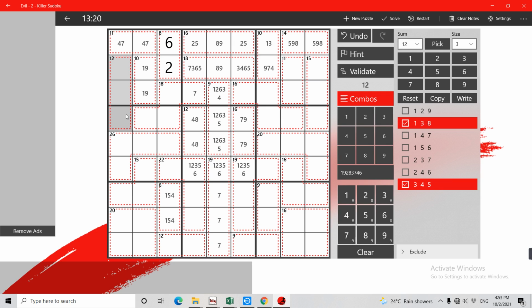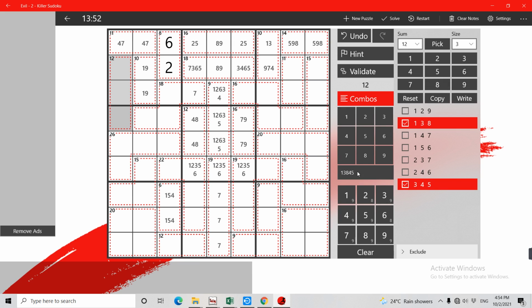So I'll enter 4 here. Then I'll enter a 5 here. No, I'll enter a 3 here and a 5 here. Okay, that looks good. And in case of 1, 3, 8, I will enter the 1 here. I will enter the 3 here and the 8 here. Okay, so this seems reasonable.